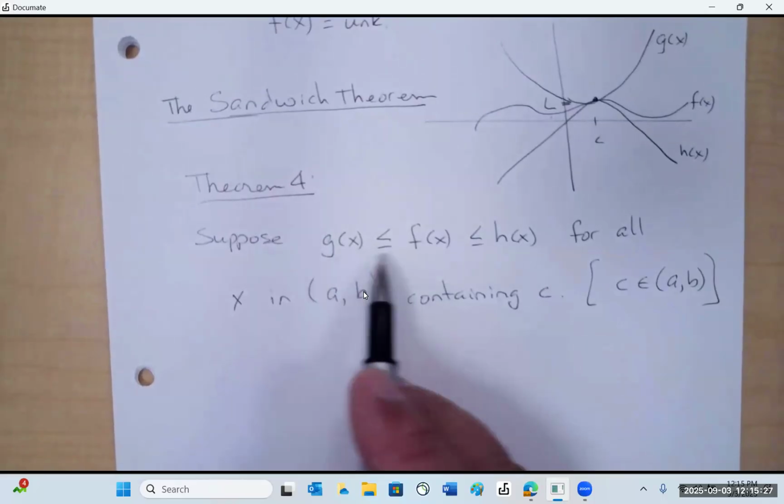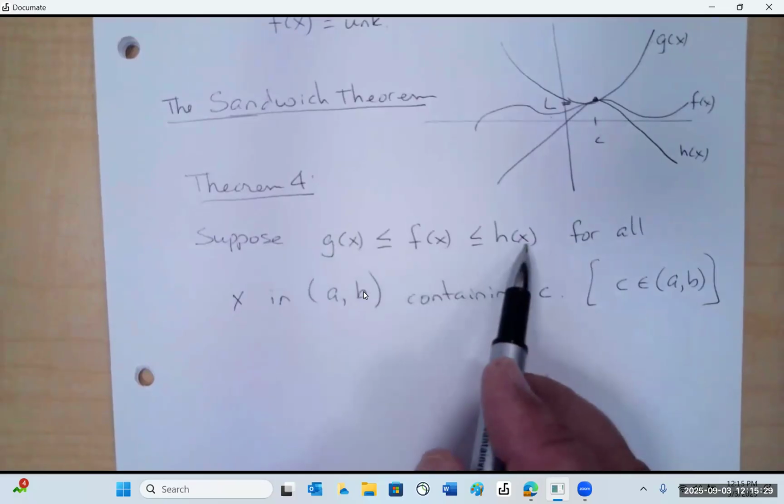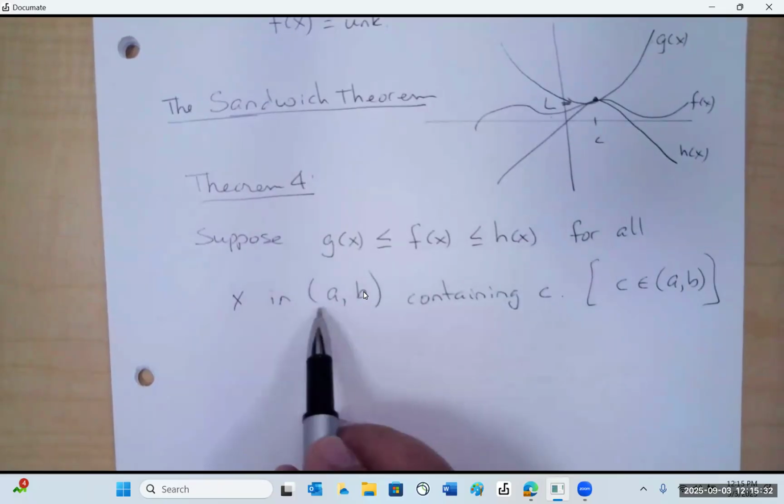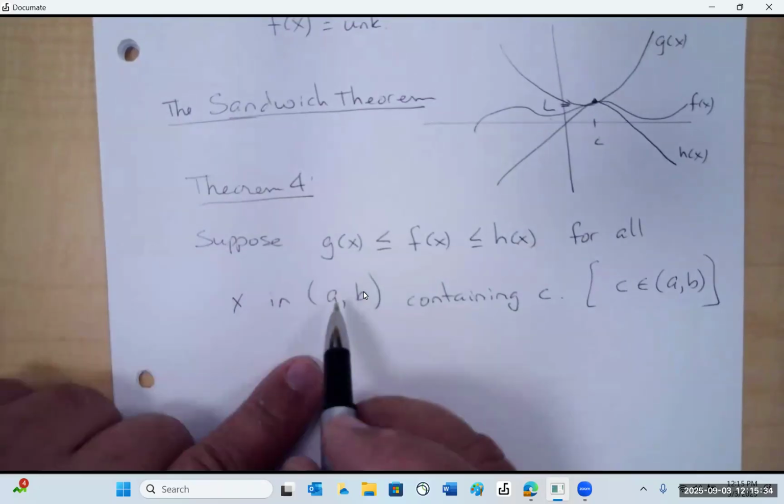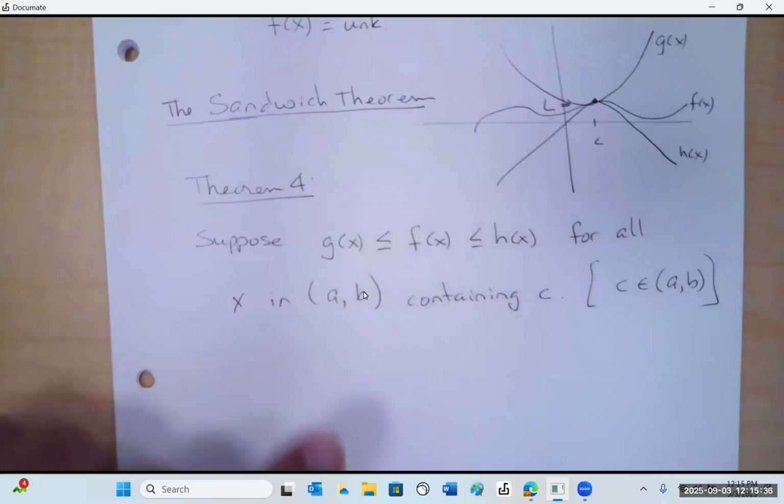So we know g of x is less than f of x is less than h of x for all the x values in this interval, and in this interval there's a value c also.